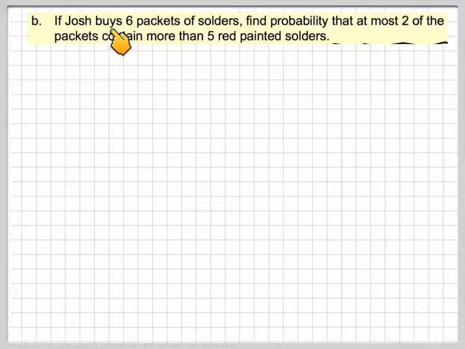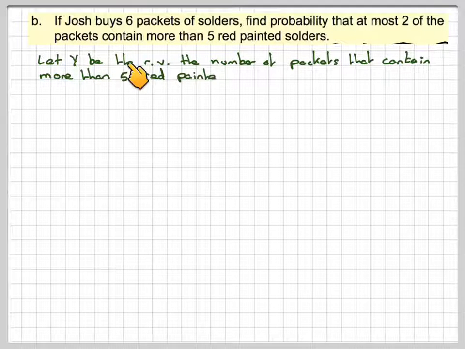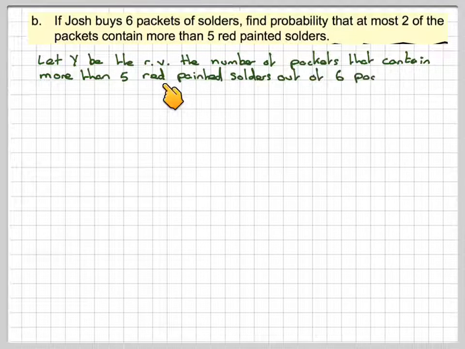If Josh buys 6 packets of soldiers, find the probability at most 2 of the packets contain more than 5 red painted soldiers. So let Y be the random variable, the number of packets that contain more than 5 red painted soldiers out of 6 packets.